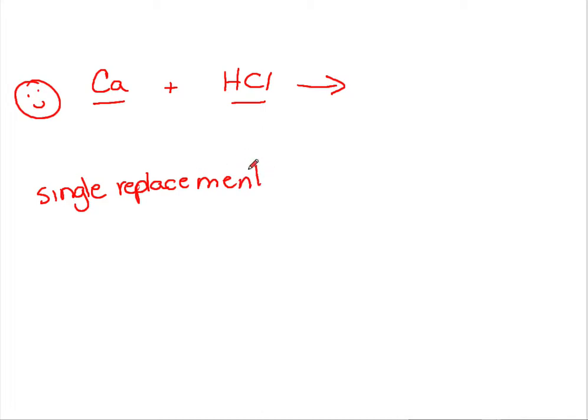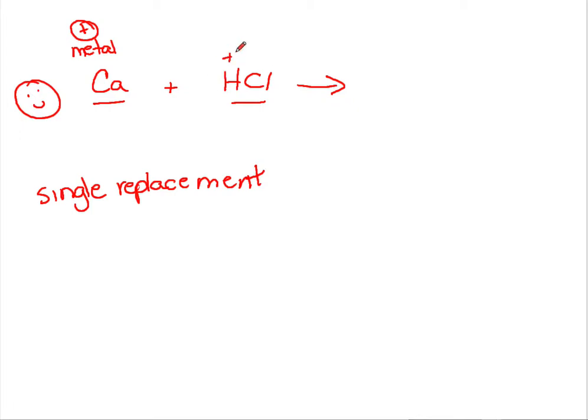Okay? And in a single replacement reaction, if you recall, you have an element that's by itself that's going to kick out one of these elements. So this calcium is a metal. It's a positively charged ion when it loses its electron. It didn't lose it yet. It's going to. In this particular compound, hydrogen is acting like the metal.